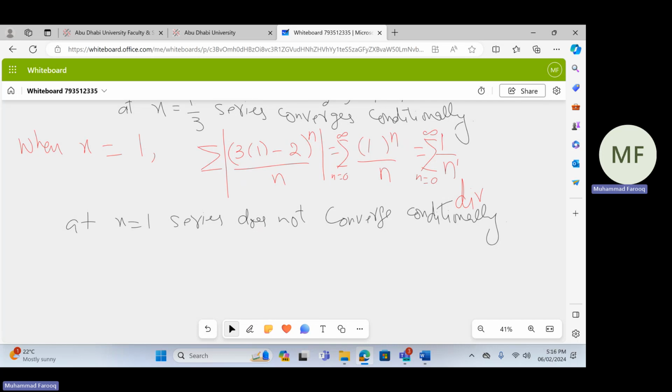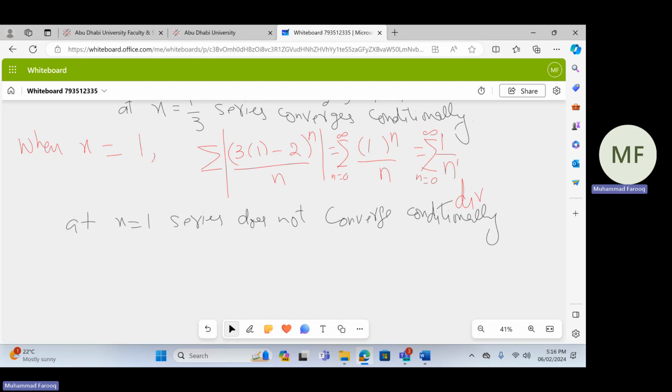Understand? You have to check, when making the absolute value, which series you are getting. You should know about the geometric series and its properties, the p-series and its properties, and the alternating series and how to check it. There are some questions where you have to check by the ratio test and root test also.